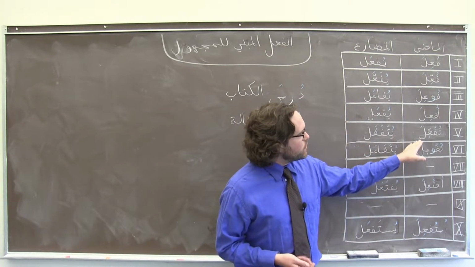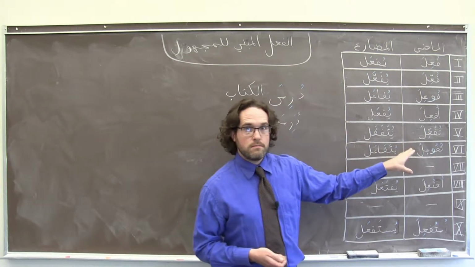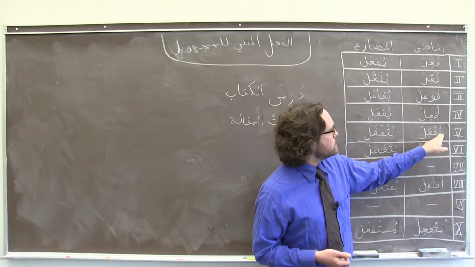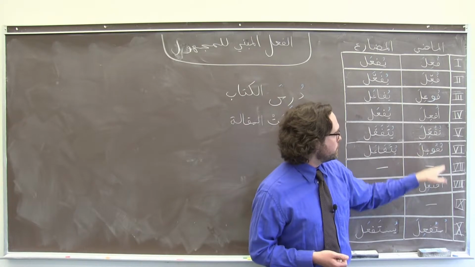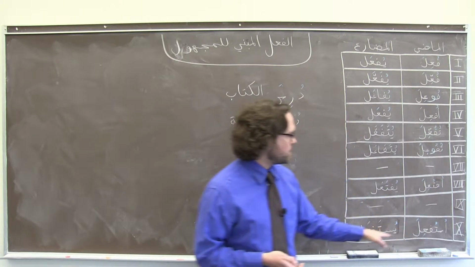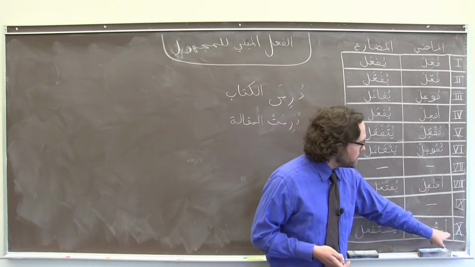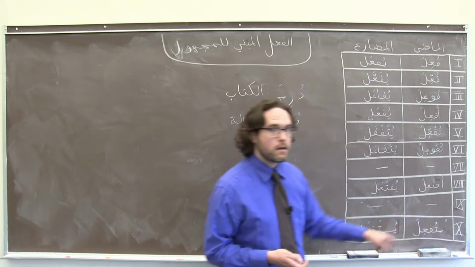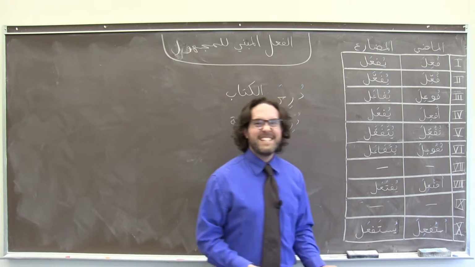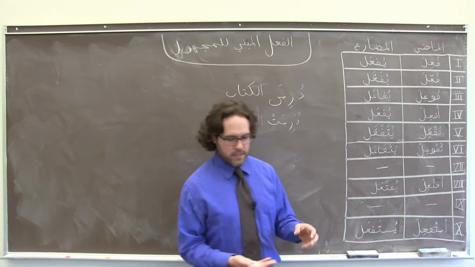In the couple of cases where the structure of the wazn, the verb pattern, gives us extra syllables, in the past tense we slip an extra dhamma in there. So in form 10, for example, where we have a lot of extra letters, it becomes ustuf'ila, where we have two dhammas instead of istaf'ala in the passive voice.